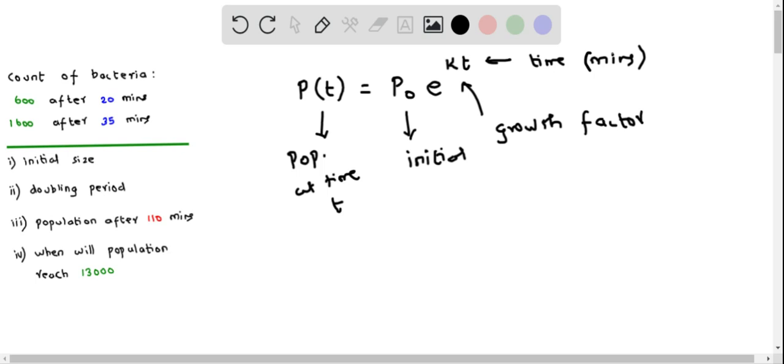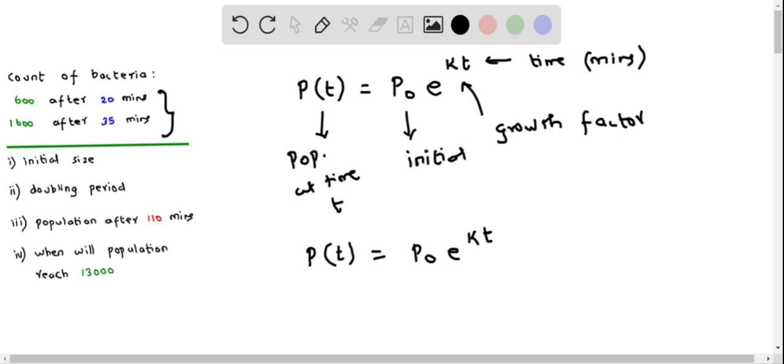Let's see how to determine the values like P naught and k, so that we can answer these questions. I'm going to use this information first to determine the growth factor k. P of t equals P naught e raised to the power of kt.